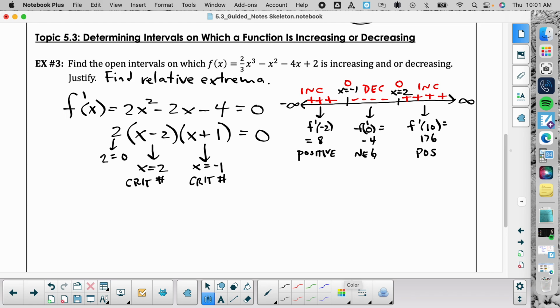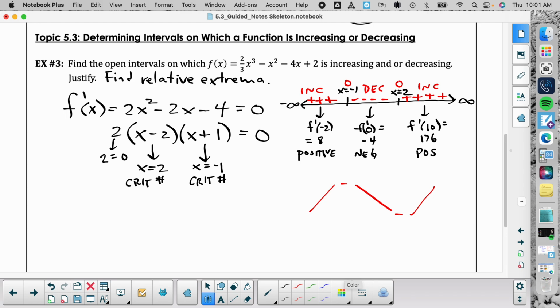So often I will make a super rough sketch underneath: increasing, flat, decreasing, flat, increasing. I do that because it's easier for me to visually picture max and min. You don't have to. I just do that because it helps me. If you're good at just reading that info and then coming up with the answer, great.